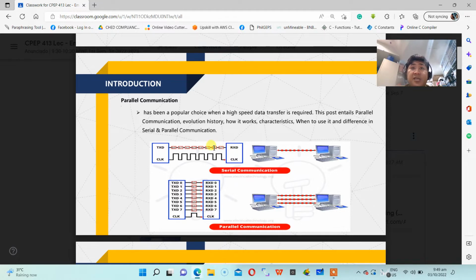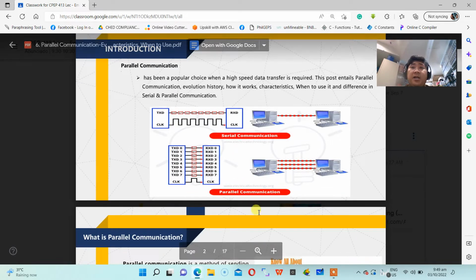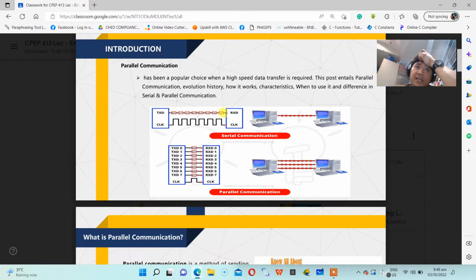After it is received, there's a series of bits that is being transferred. While in parallel communication, it is very, very fast since it doesn't take these 8 bits, if this is 8 bits, to be transferred one at a time. These 8 bits in a parallel communication could be transferred simultaneously at a time.